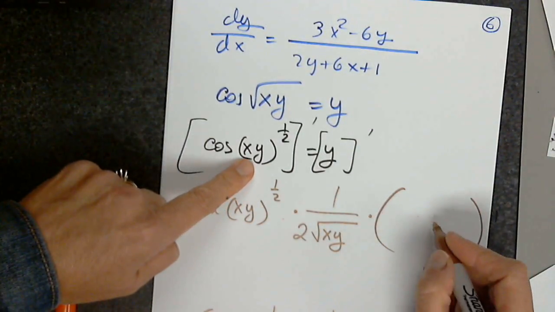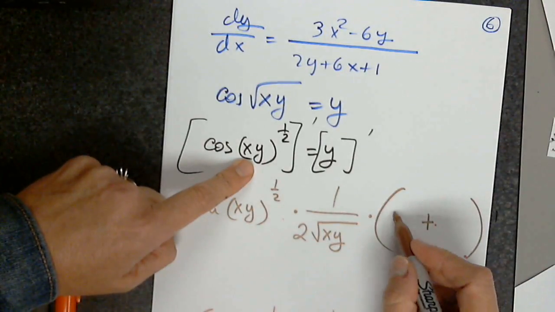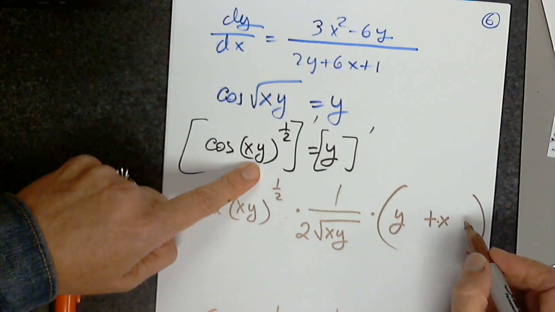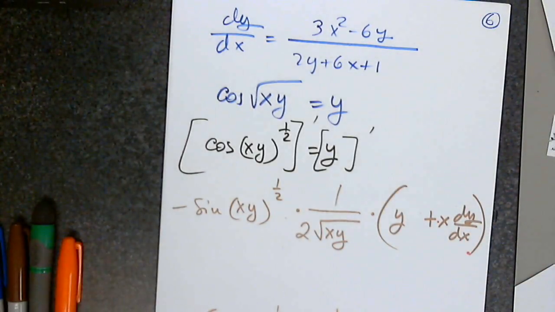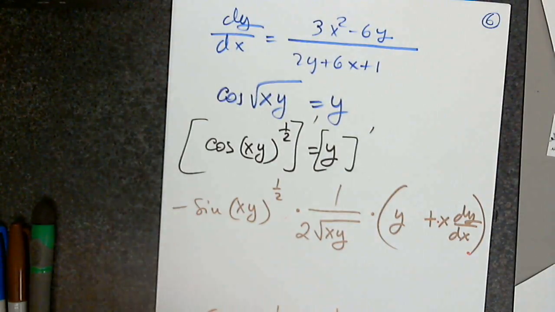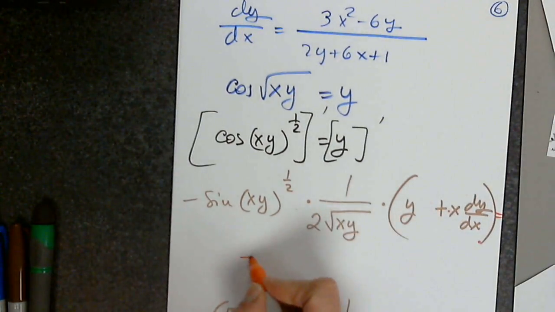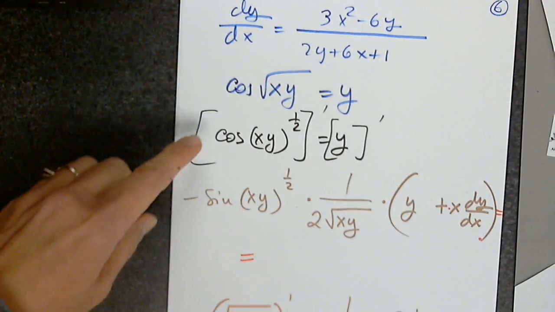Since it's a product, I have to have a sum. First function prime times the second one plus the first times the second function prime. And this is just the left-hand side. Quite hairy, right? Complicated. So let's do this together one more time.